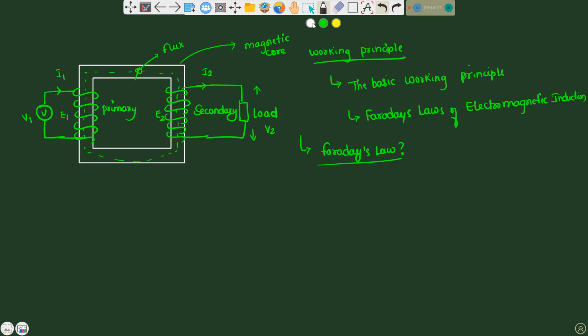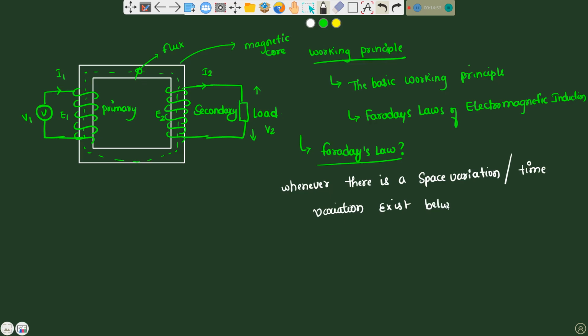Faraday's law: whenever there is a space variation or time variation between a magnetic field and a conductor or set of conductors, what happens?